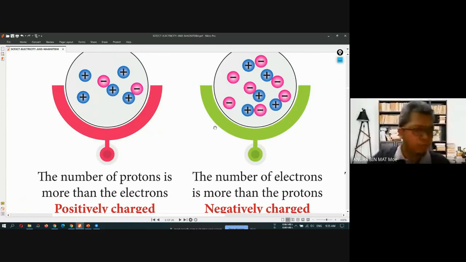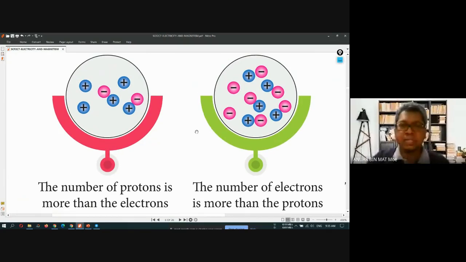You must remember that the charges on an object can be jumped or transferred from one surface to another surface. Can you understand this? It is not always an equal amount. Sometimes the charges can jump from one object to another object.